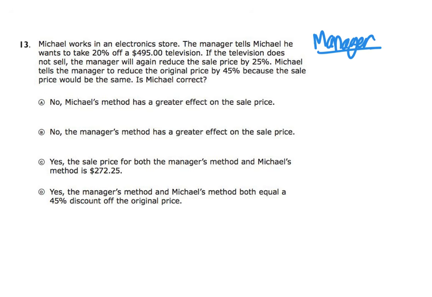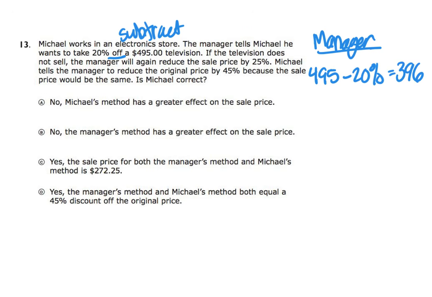So the manager says we're going to take the $495 television and we're going to take 20% off. Since it says off, we're going to subtract. So I'm going to subtract 20%. In your calculator, you'll put 495 minus 20 in the percent sign, and we get 396.